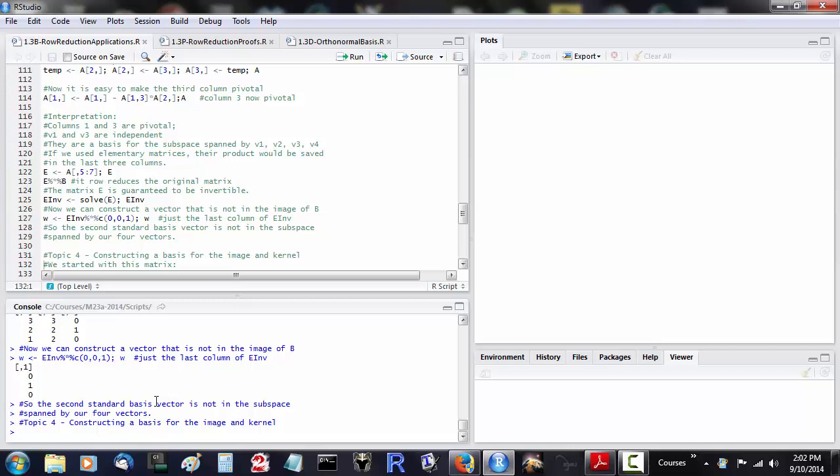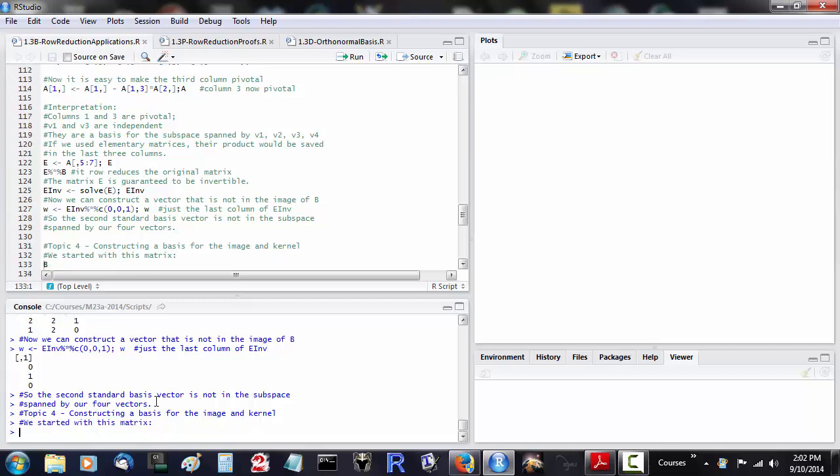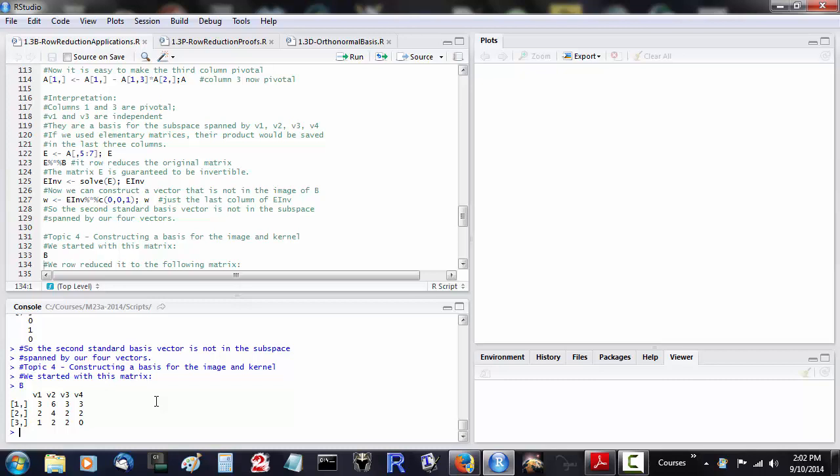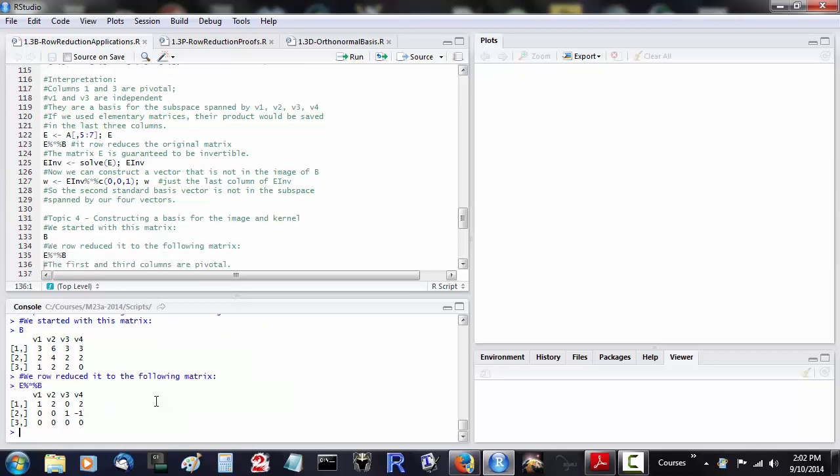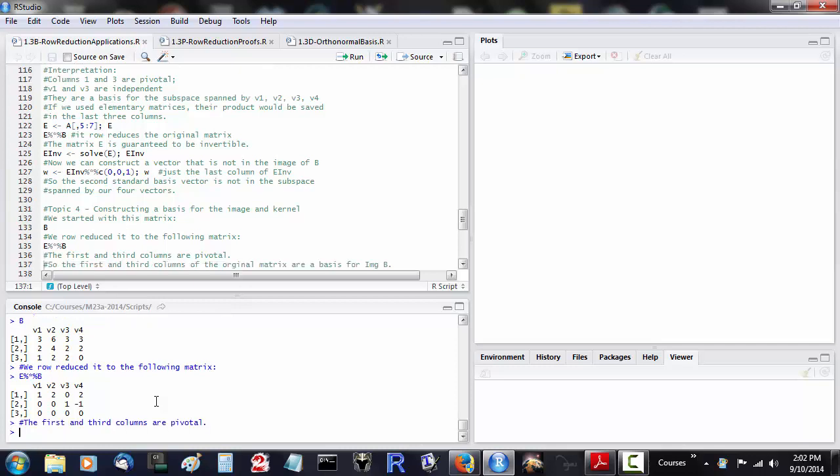Final topic. We start with the linear transformation represented by a matrix. Let's use the same matrix B, and we want to construct a basis for the image of B and the kernel of B. We've already done the row reduction, and there's the answer. Finding a basis for the image is easy.